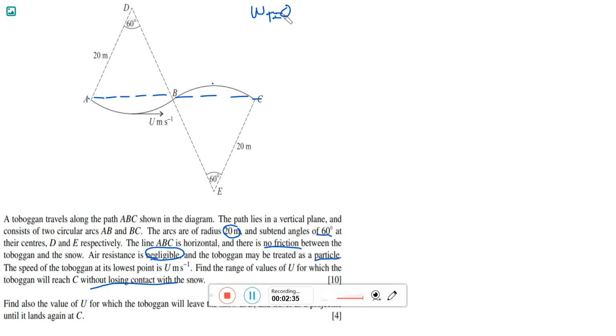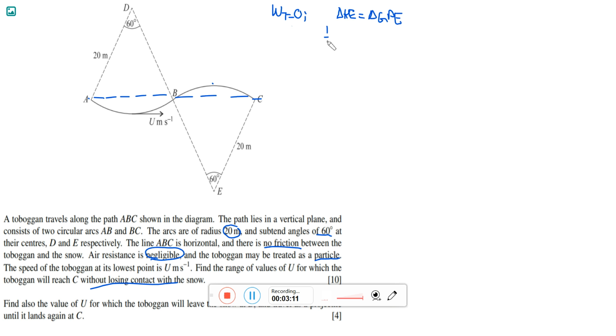This implies that the change in kinetic energy is equal to the change in potential energy.